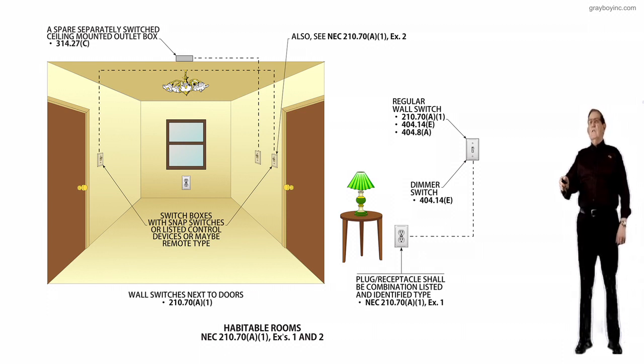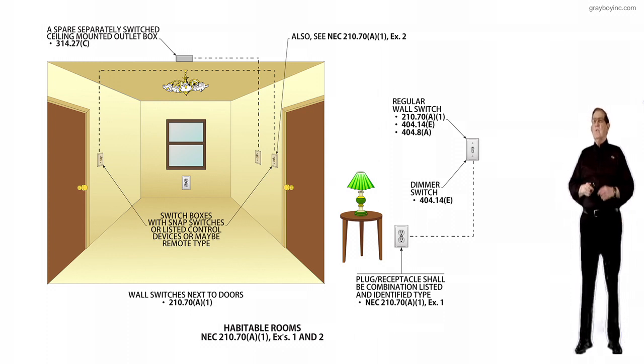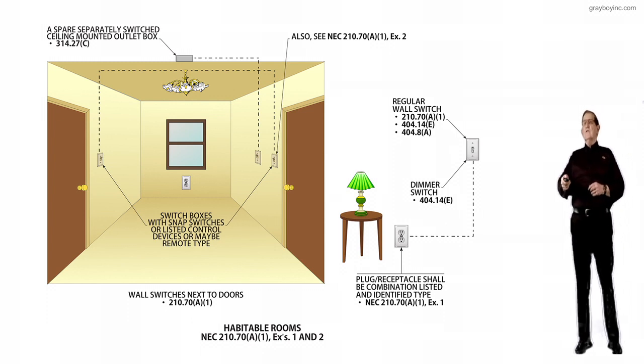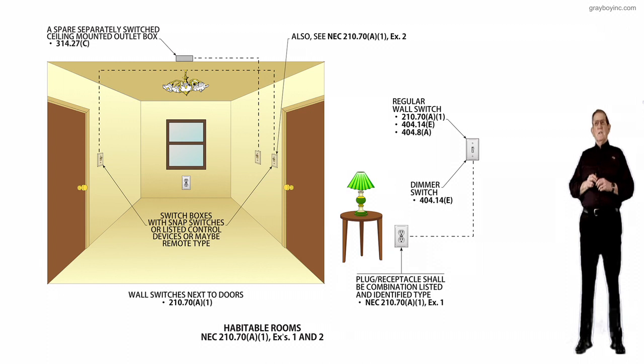And notice that this dimmer switch has to be listed with this receptacle, or you could just take a regular switch and control a receptacle, but not a dimmer switch.